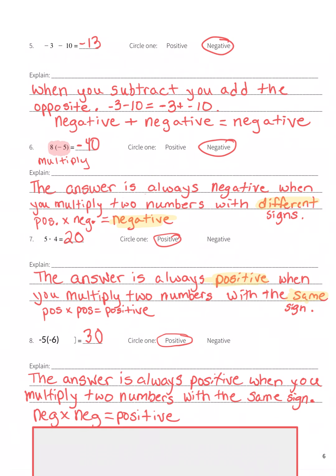Well, the answer is always positive when you multiply two numbers with the same sign. Same sign, positive. So we have a negative multiplied by a negative. That equals a positive. All right, make sure you have some sort of similar explanation in your notes.